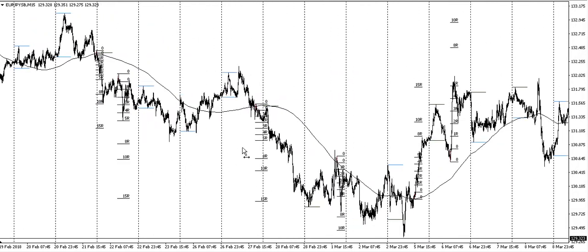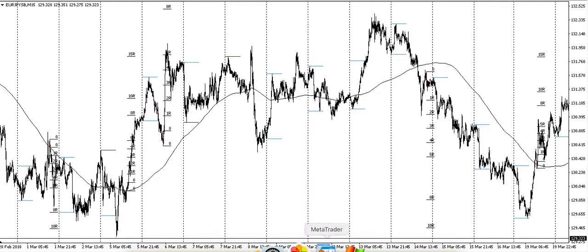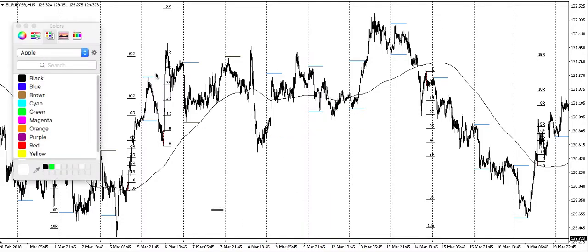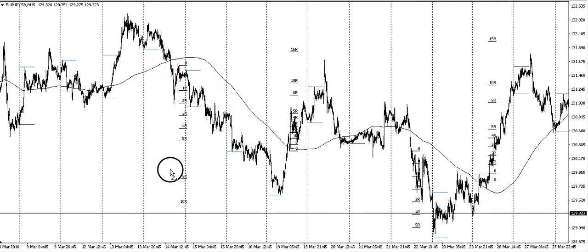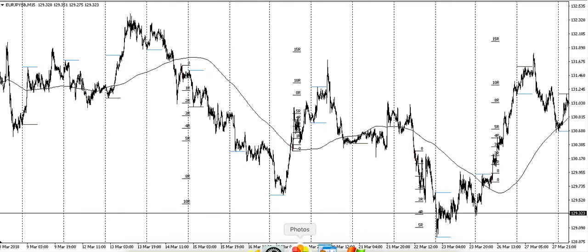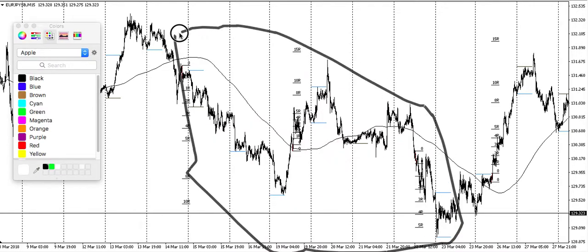But then the downside is that you're also going to have periods like this where you literally just constantly lose. Okay, because price is not trending at all. And by the same measure, you're going to have periods like this where you lose a lot, but you get maybe 1 or 2 winners.